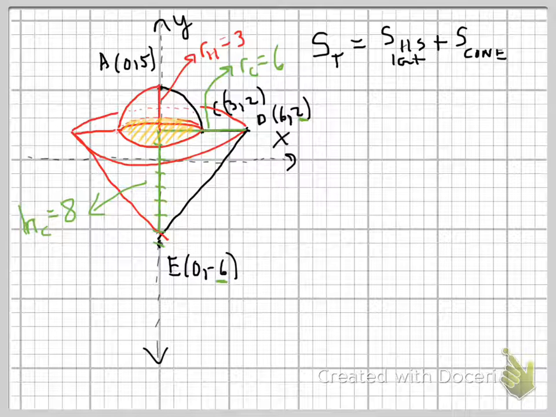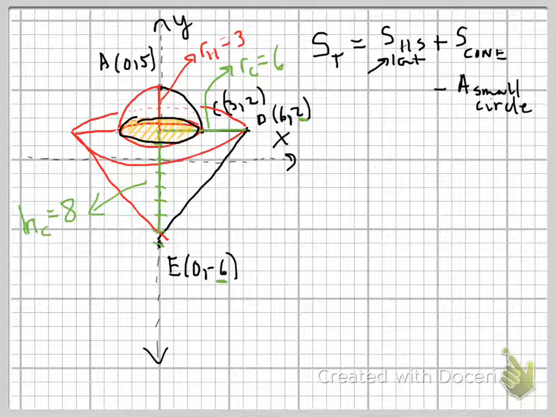Okay, and when we say lateral here, we've already taken off this yellow circle on the bottom for the hemisphere, that not being there, but we haven't taken it off for the cone. So we're going to have to subtract the area of the small circle because it's coming off the cone's total surface area. Okay, so we've got this formula.